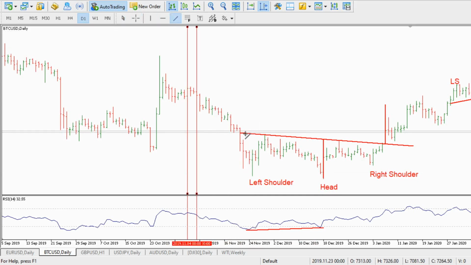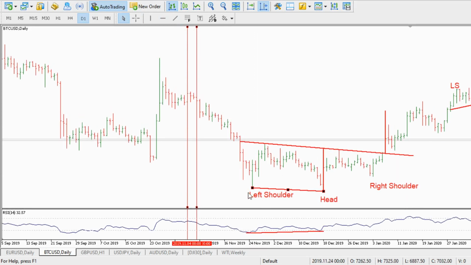So we can see here the inclination. We have a lower dip in the prices, but a higher dip in the RSI indicator, which confirms that the bears might have exhausted, and this reversal from down to uptrend may happen.